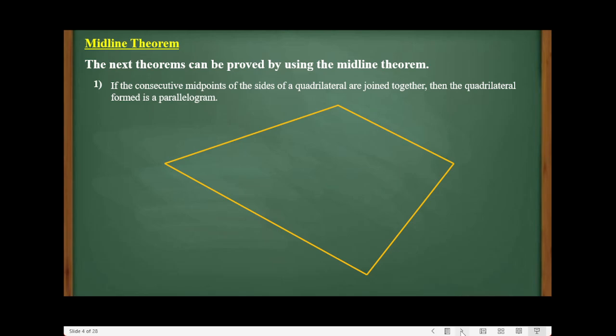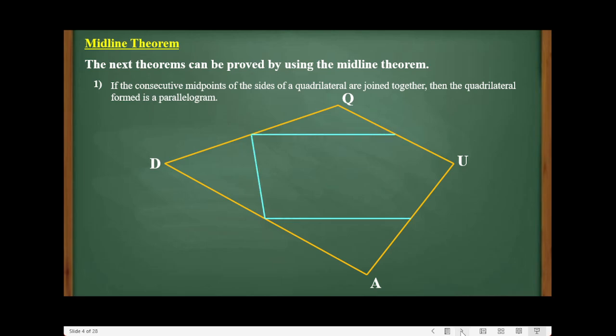Now, let us assume that this quadrilateral has no pair of opposite sides that are parallel. And let us try to consider a midpoint from each of these four sides. But first, let us name this quadrilateral as quadrilateral QUAD. And at this point, let us consider the midpoint of each of its four sides.